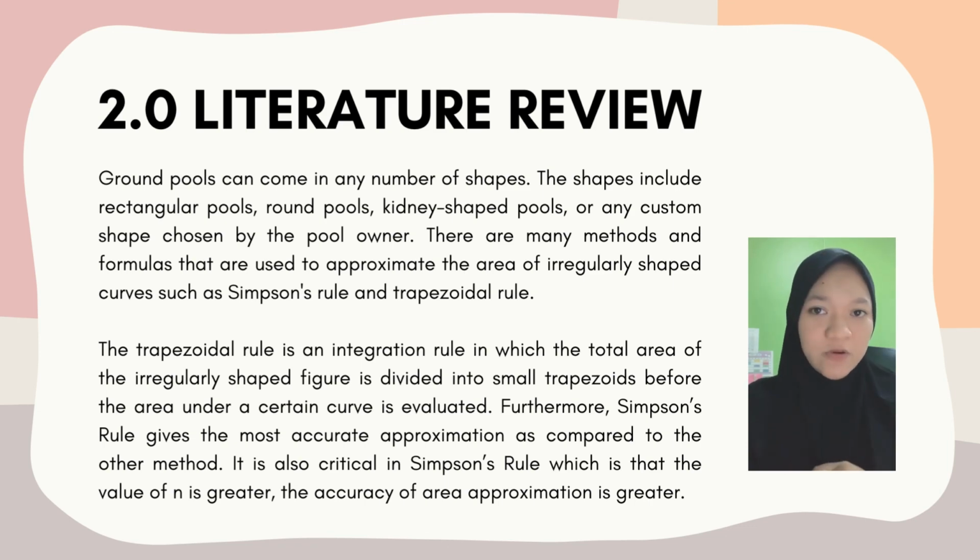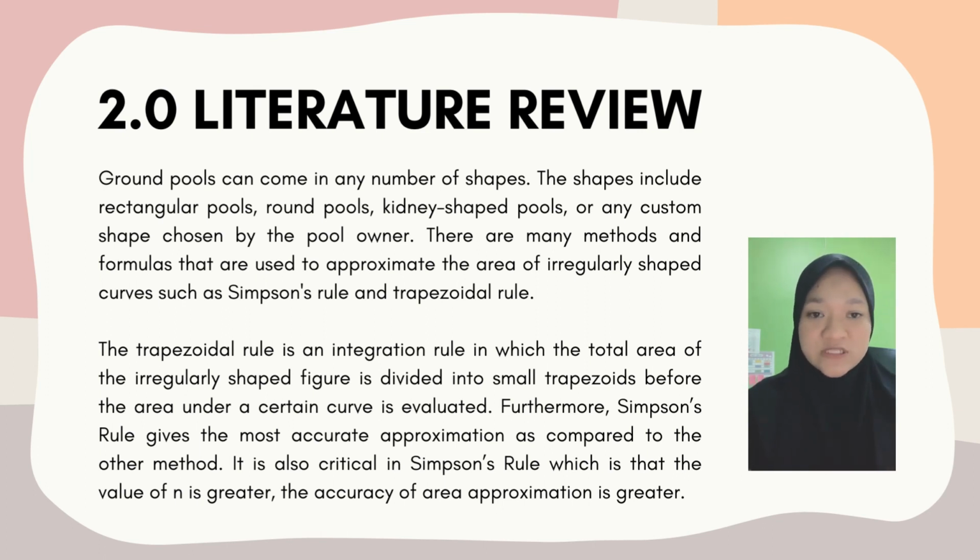Okay, so now I will continue this presentation to talk about the literature review. As we know, ground pools can come in any number of shapes. The shapes include the rectangular shape, round pool, kidney-shaped pool or any custom shape chosen by the pool owner. There are many methods and formulas that can be used to determine the area of an irregularly shaped curve, such as Simpson's rule and trapezoidal rule.